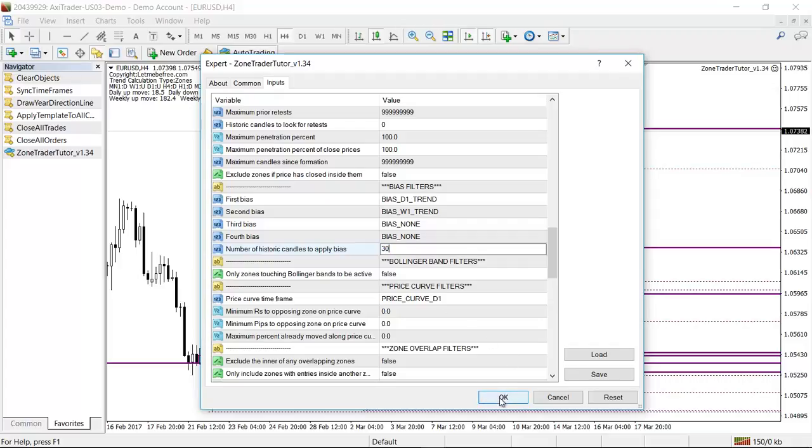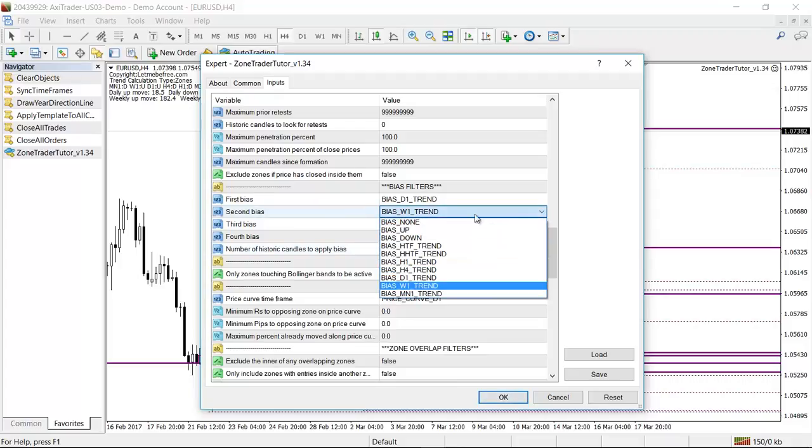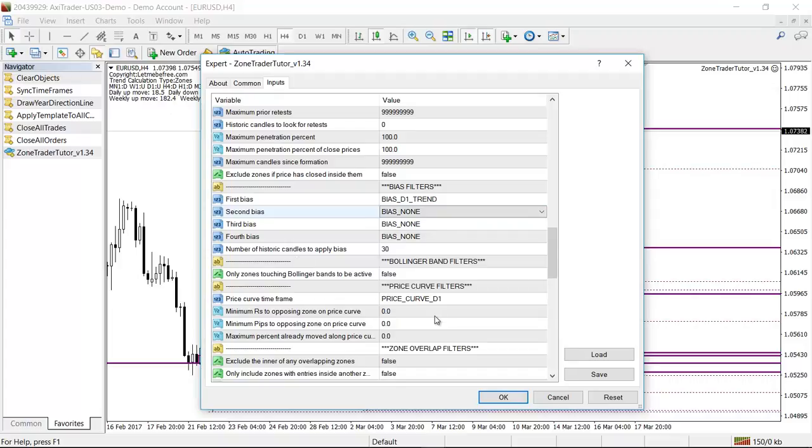And what this means is that zones that formed some time ago, for example, we set the bias to just based on the daily, which you see is up, so typically we'd only get demand zones, but we may want to see supply zones if they occurred more than 30 candles ago, because these may work as good targets for a trade that we want to enter against a demand zone. So okay, that.